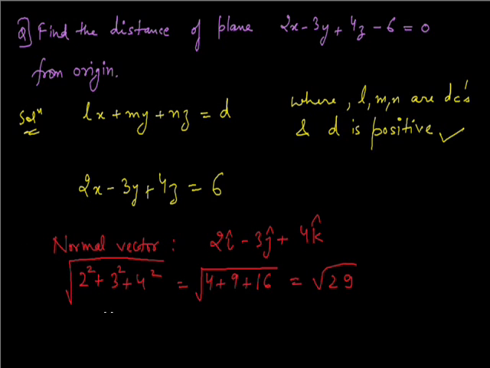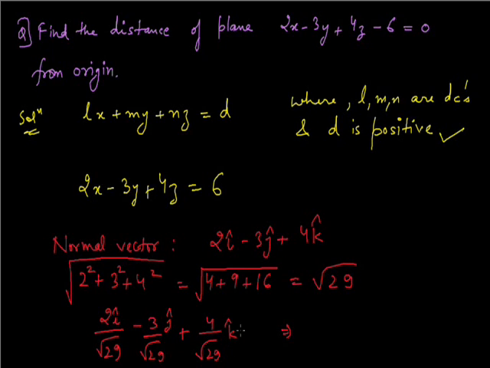You will get 2i cap upon root 29 minus 3j cap upon root 29 plus 4 upon root 29 k cap. So from this, the coefficients of i cap, j cap and k cap will represent the direction cosines.